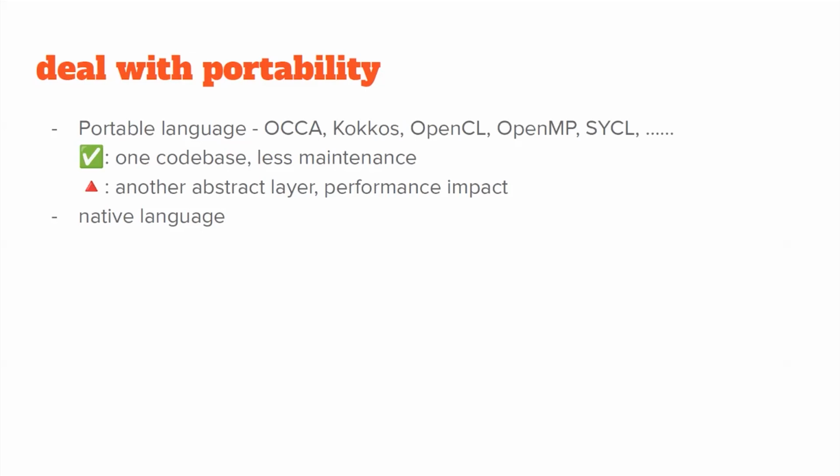If you use a portable language, you only need to write one code base, and then you just compile for different GPUs. It also reduces your maintenance because you only have one code base. But it definitely requires another abstraction layer, and sometimes it might impact your performance. Yet from yesterday, I also learned that sometimes the impact is not the baseline; sometimes it can perform better than the native language. It's quite interesting.